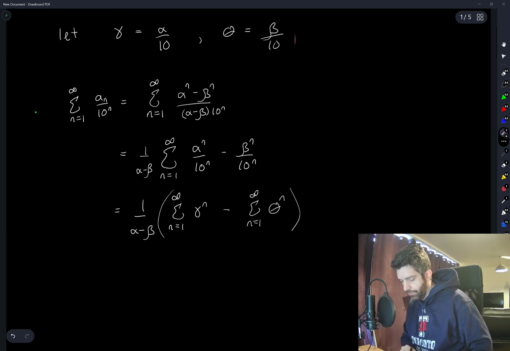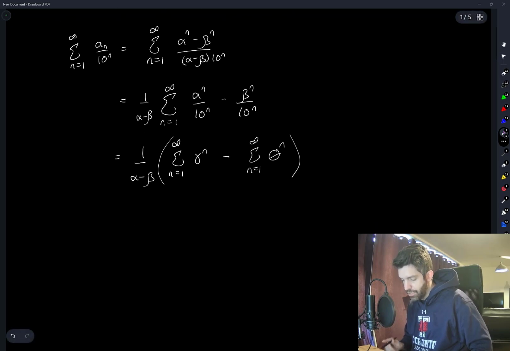And if I start with the series that we're given, and substitute what a_n is equal to and do some rearranging, then this is equal to 1 divided by alpha minus beta times the infinite series of gamma to the n minus the infinite series of theta to the n.